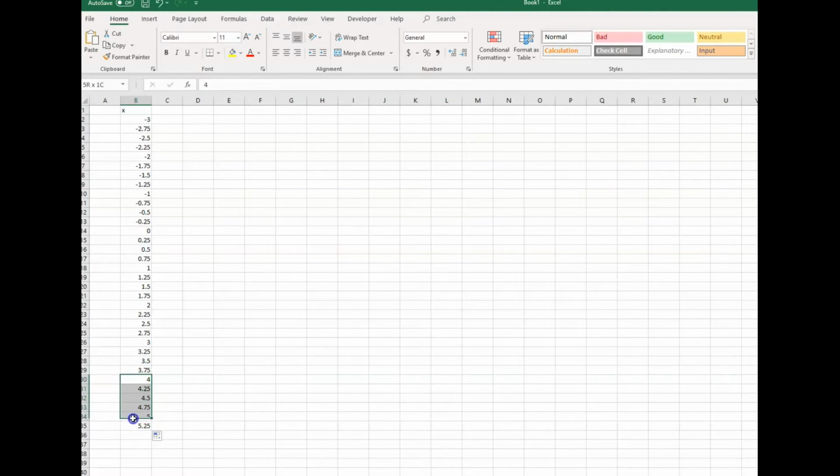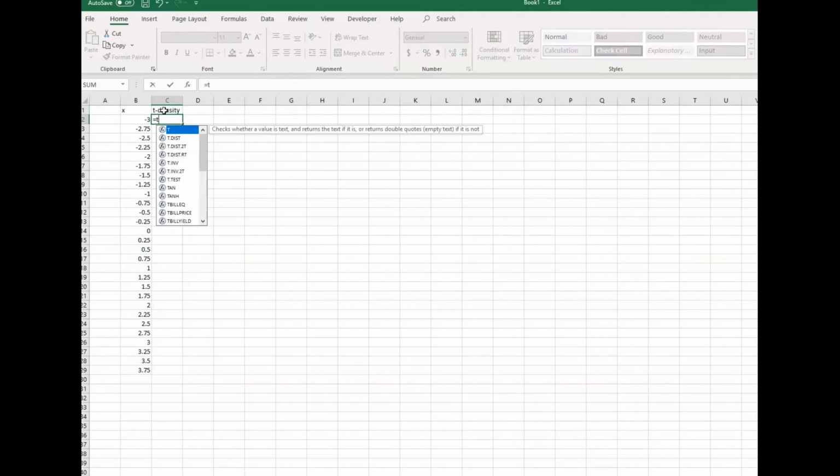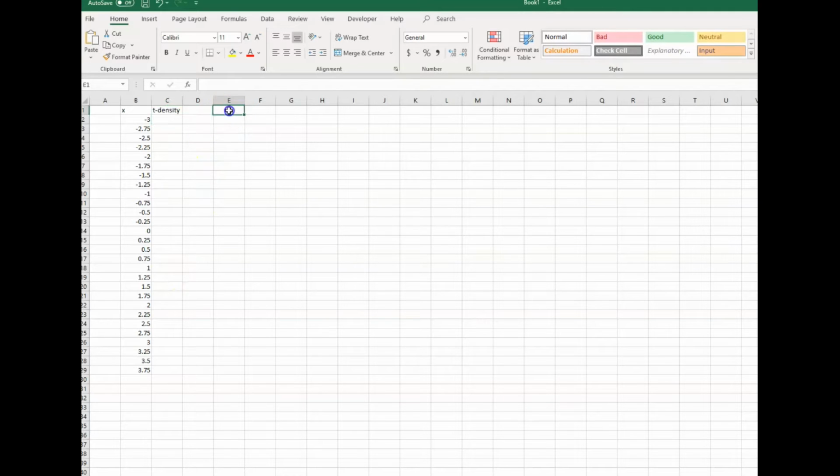We just remove something. The first one we calculate is density. So this is density. We are going to use T.DIST, and we have a degree of freedom. Let's assume we have 30 observations, n.